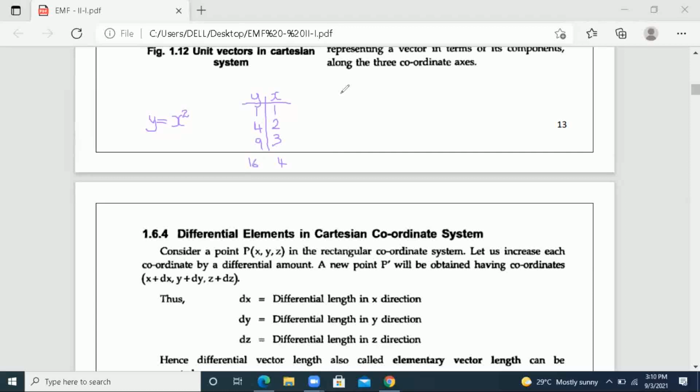Now I want you to make for me a plot. This is x. This is y. So plot these points here.